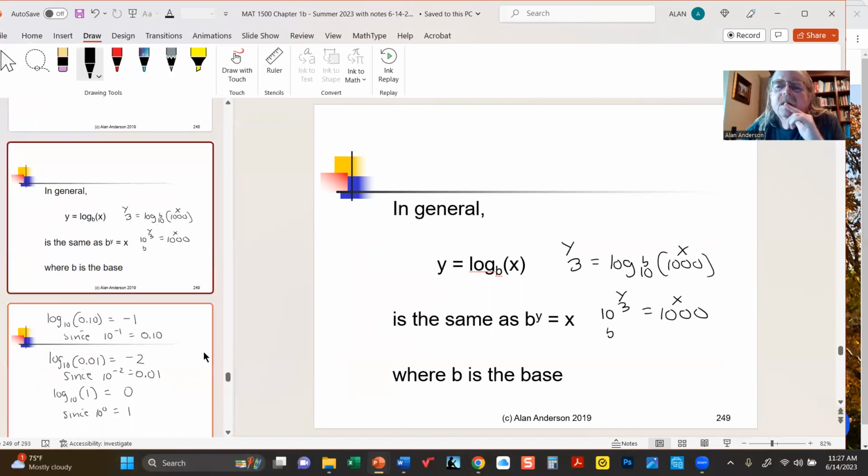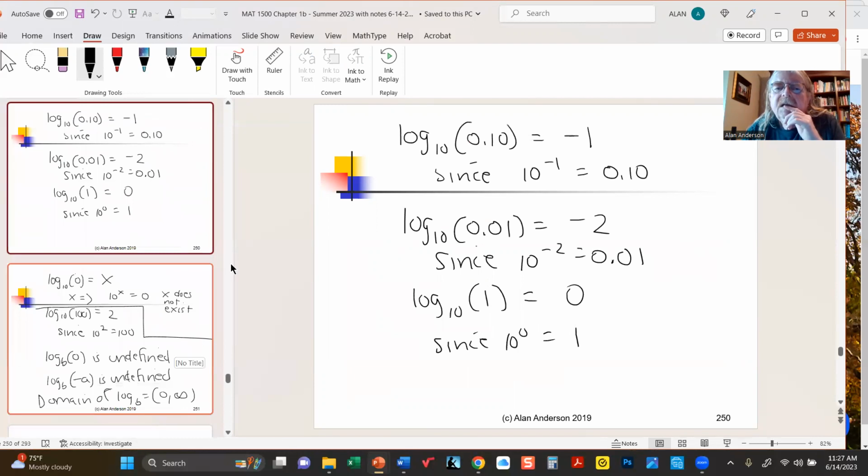Now, I do want to point out here, though, that because of the way logs are defined, any log of a number which is less than 1 is going to be negative. Okay. Now, that's because, let's say here we have the example log base 10 of 0.1.